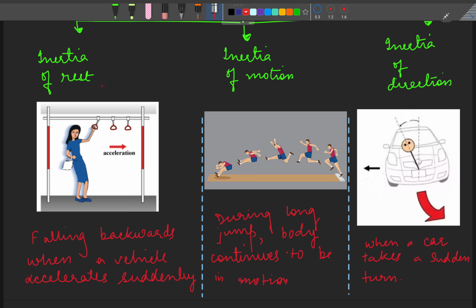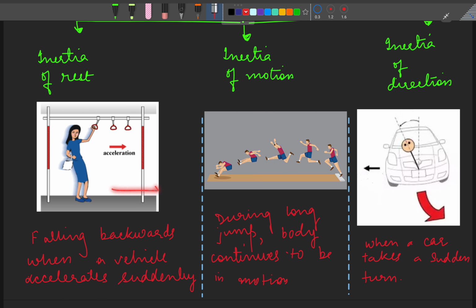Inertia of rest says that a body will continue to be at rest if its original position was at rest. For example, see, this lady is standing in a metro. When the metro was stopped, the woman was also standing at rest.